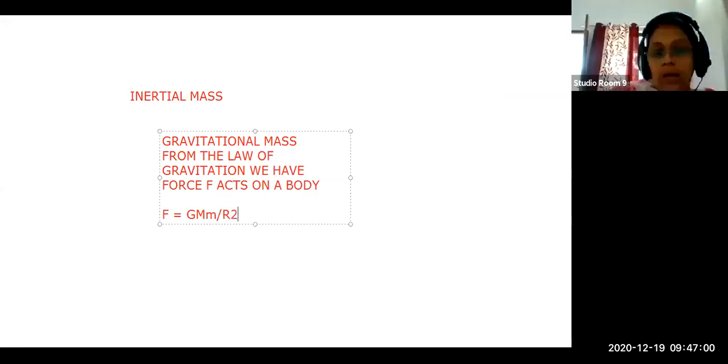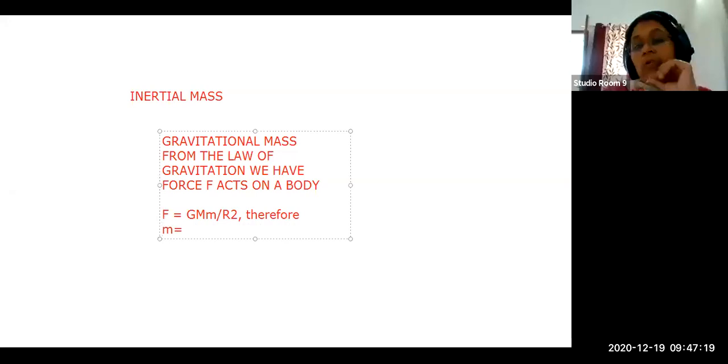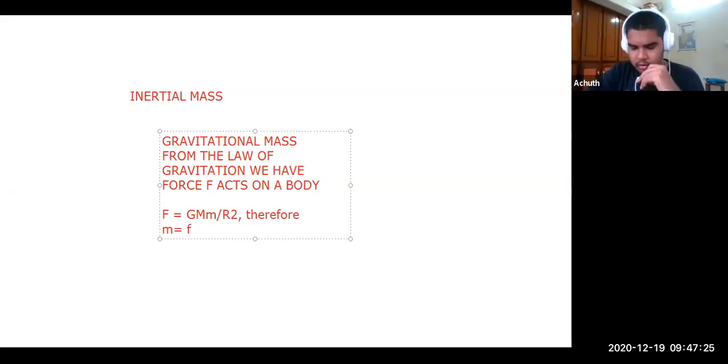Then next line you can write, therefore, from this we have to find out small m. Can you tell me? Small m is equal to what? You do it by yourself. What equation will you get? G M m by R square. Yes, F R square, Atul is telling.